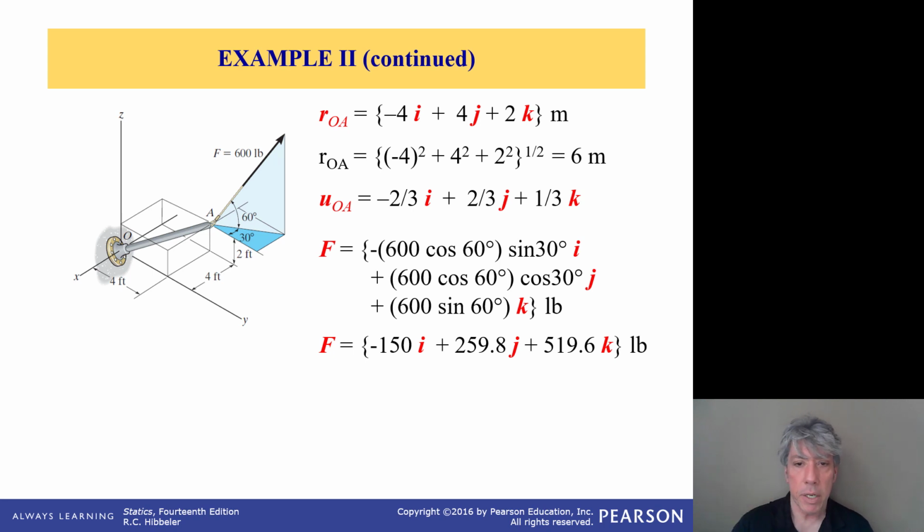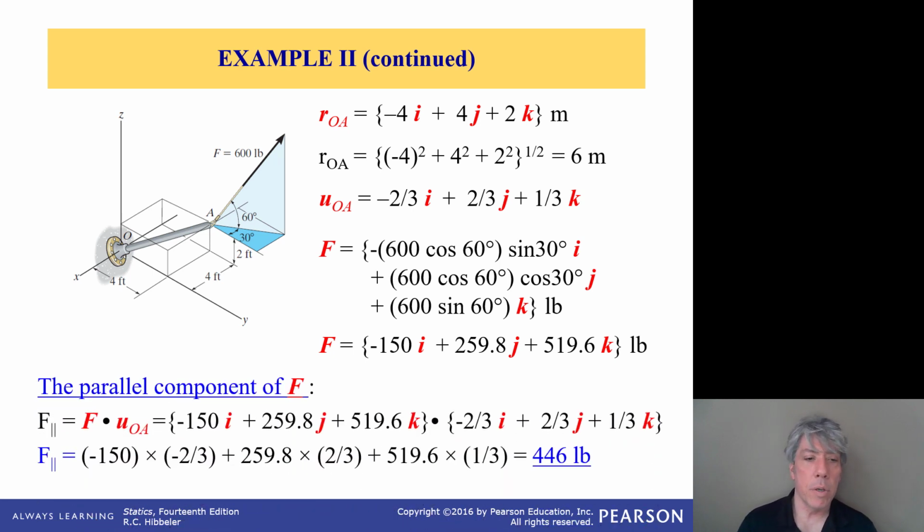If you do the math, plug it into your calculator, you find the magnitude shown there for the i, j, and k directions. Okay, so then to calculate the parallel component of F along the pole, flagpole, whatever this thing is, we need to take the dot product of the force with the unit vector along that direction, that line where we want it.